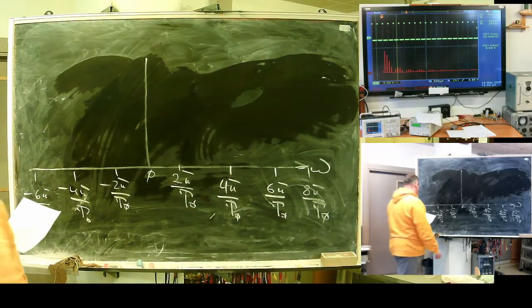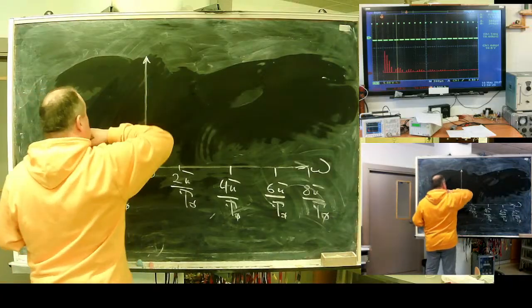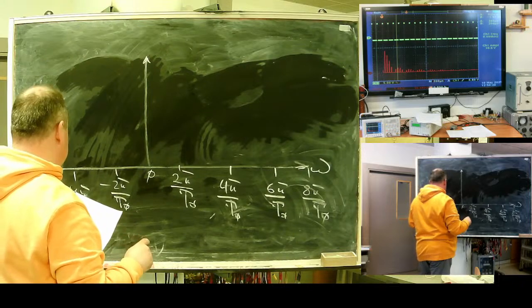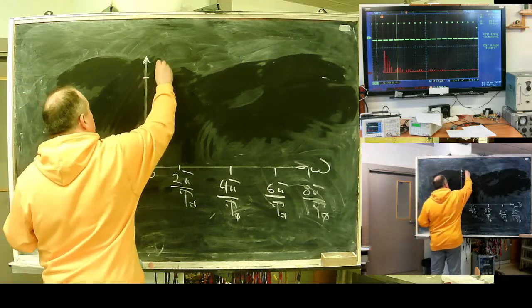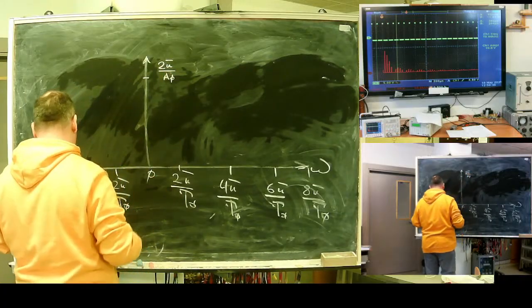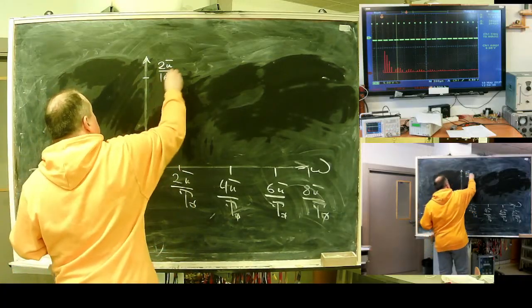Here is my... one second. At the 0 point, this point is 2π divided by T0, the magnitude of A0. It's a magnitude.